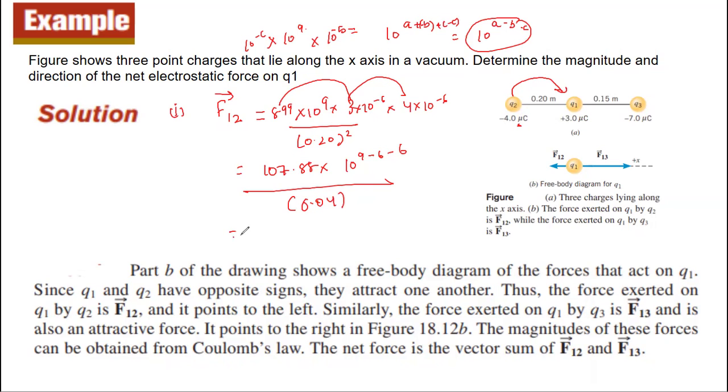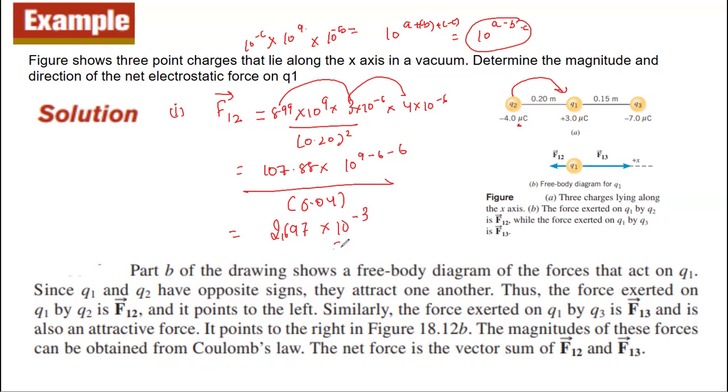So you can put these numbers in the calculator. Let's say I have 107.88 divided by 0.04, which is 2,697. And let's see what we got over here. I have 9 minus 6 minus 6, so I have over here minus 3.